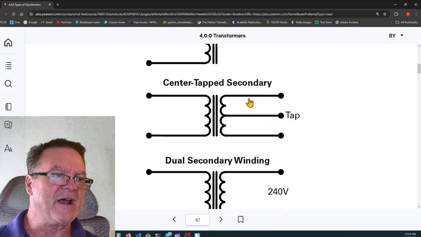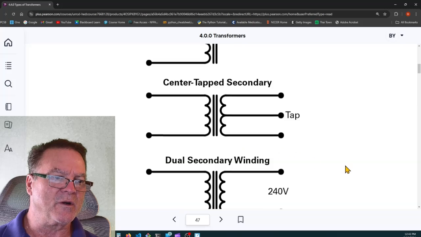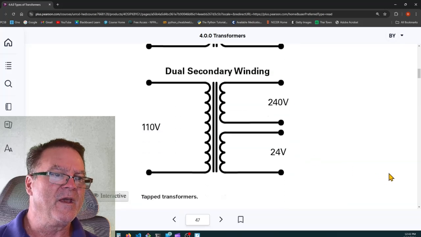This is what you have at your house: 7200 primary and a center tapped secondary with 120 and 120 from the two hots, the ungrounded conductors, going to the tapped conductor or the center tap, which is the neutral. And you can get 240 across the two ungrounded conductors. You can have dual secondary windings that you can wire either in series or parallel.